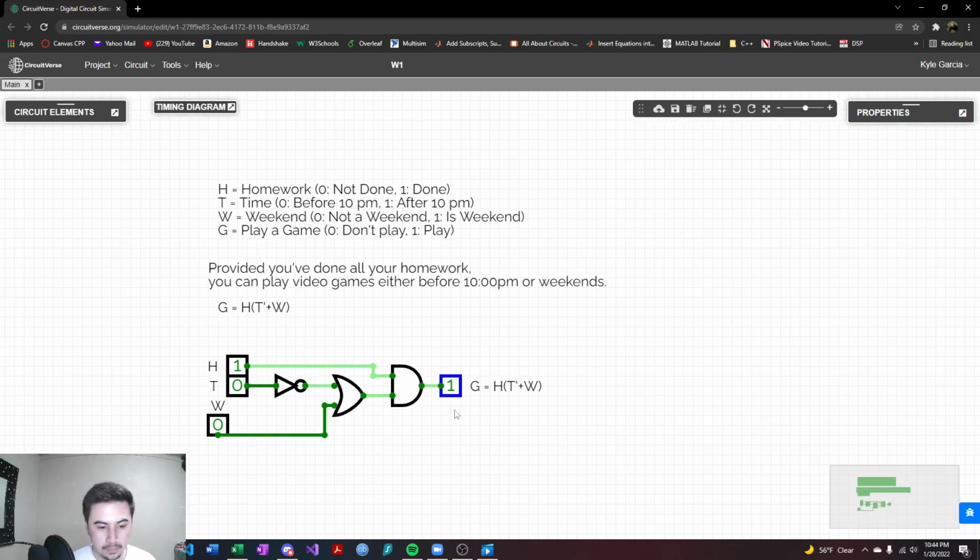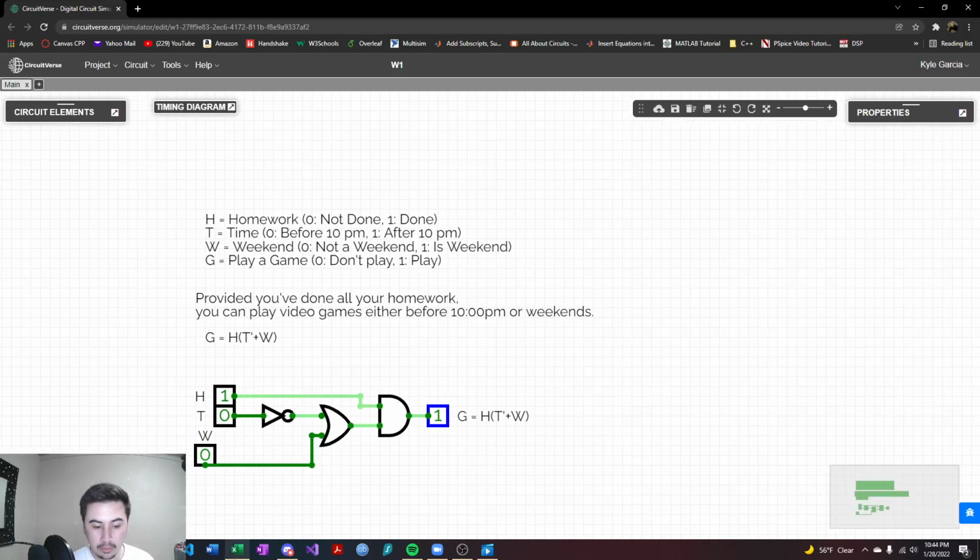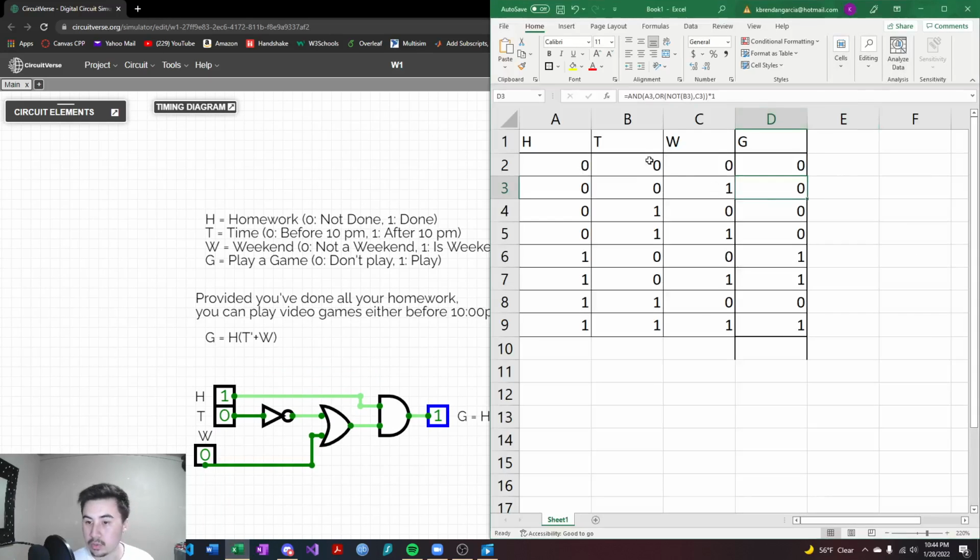Okay. So I'm going to demonstrate my truth table now. I actually created my truth table in Microsoft Excel. So here we have our truth table, with H, T, W, and G. How I made the truth table is, I had the values here, and then I used the formula above, since you can use logical expressions in Excel.